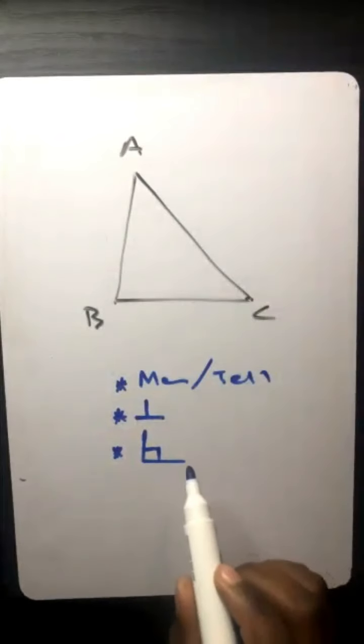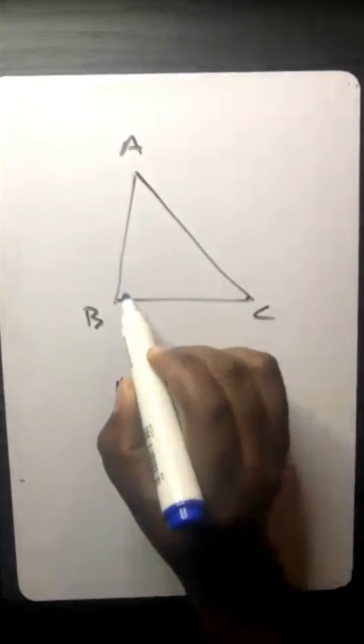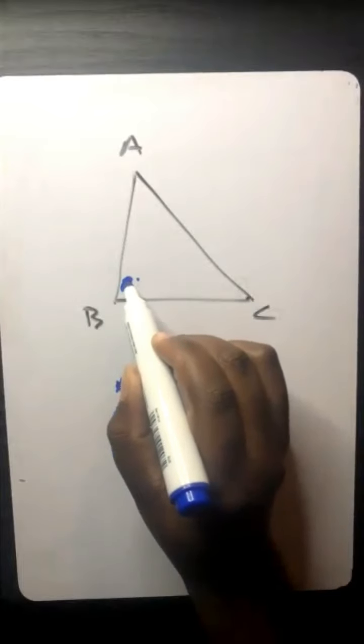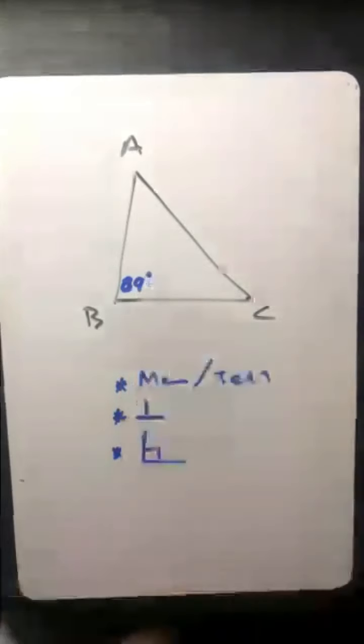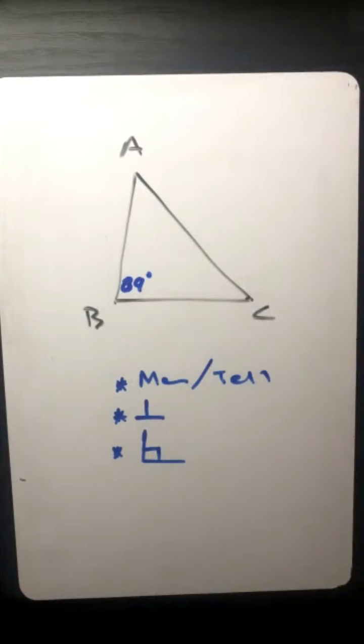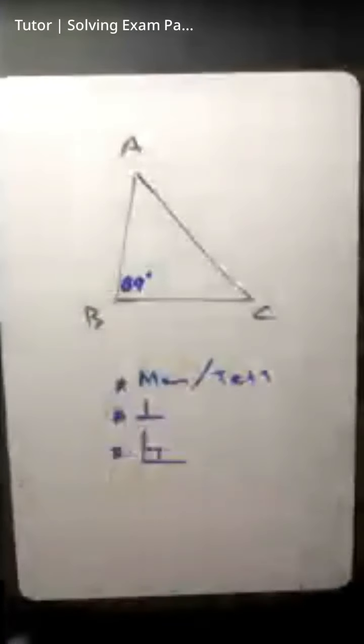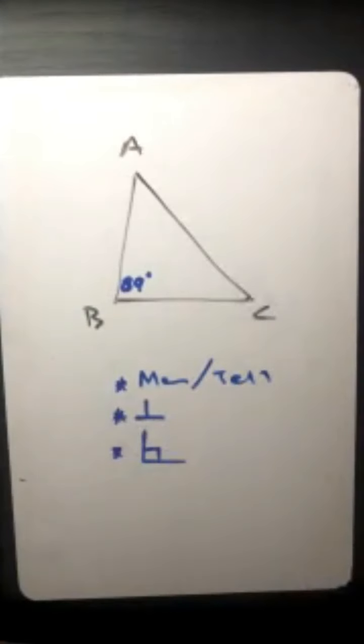So do you agree that this angle can be 80, it can be 89 degrees? That is why it looks like it's a 90 degree angle there. So if it's 89, it's no longer a right angled triangle. Does it make sense, LB?